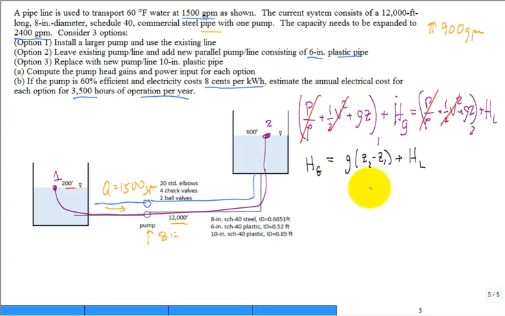Well, what about all these head losses? Well, we have the 12,000 foot of line. Isn't that going to be F L over D times the velocity head?